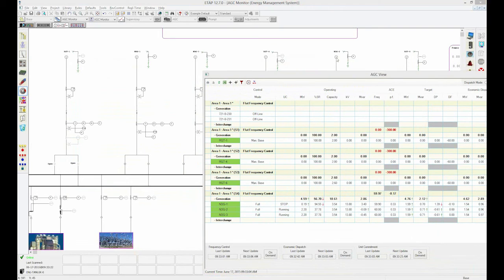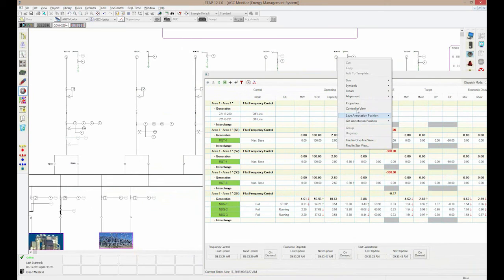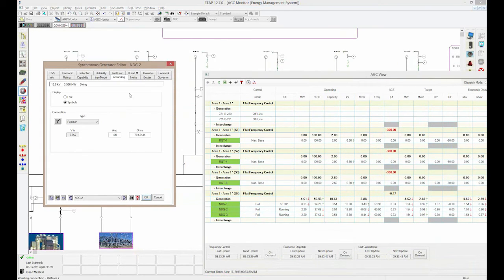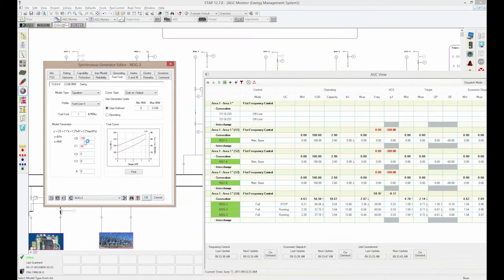So if I go to the properties for this generator, I can see what the fuel cost curve looks like. I'm using an equation, a polynomial equation, to define the cost curve for this generator. And just for the sake of demonstration, I'll increase the fuel cost of this generator. So that's NDG2. It's currently running.